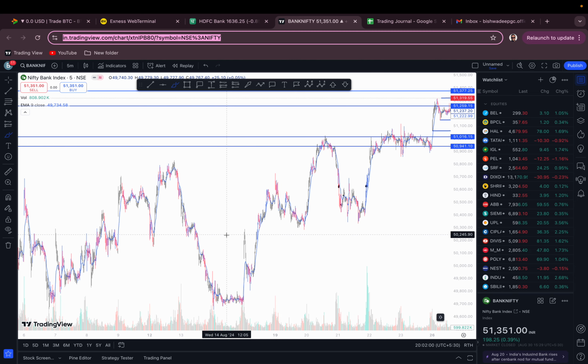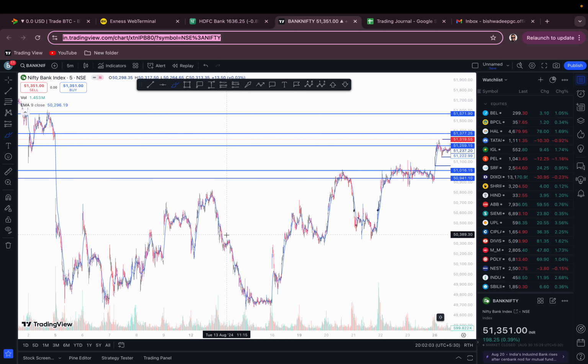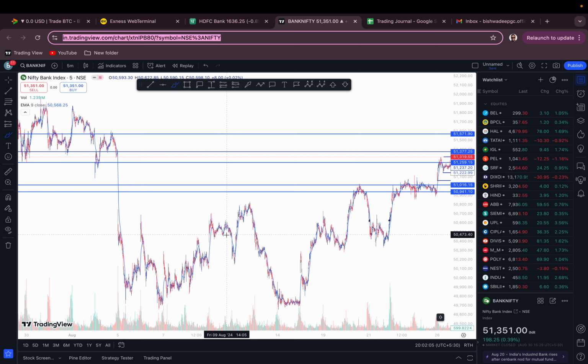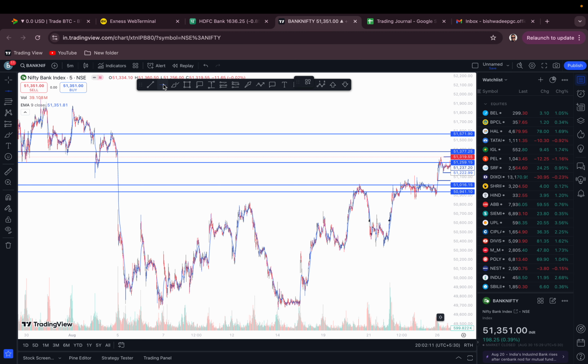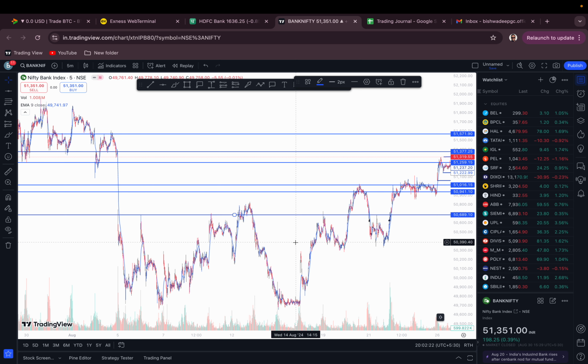Okay, I have not marked the resistance and the support, so let me just draw some of the lines over here. This is called the horizontal line. So when I put it over here, see, a horizontal line formed, but this is called a trend line.